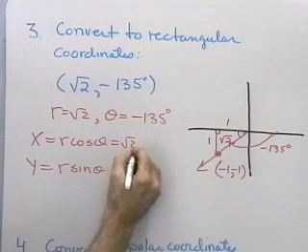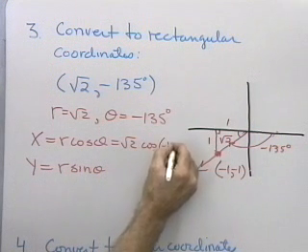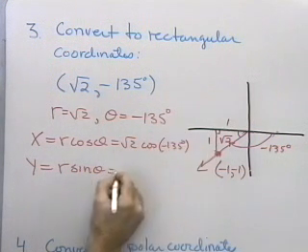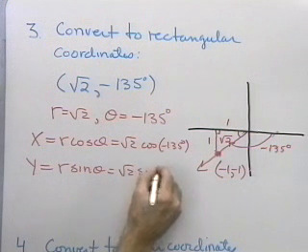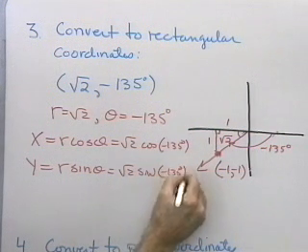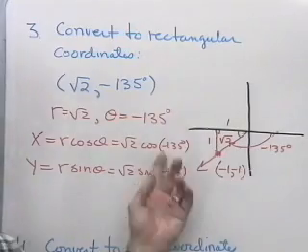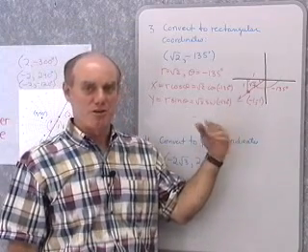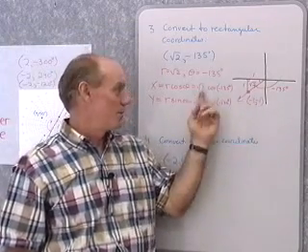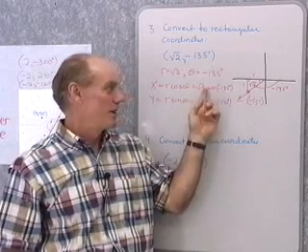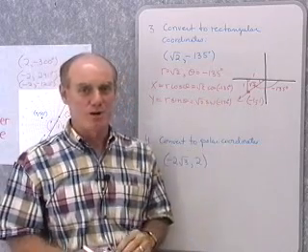So that's square root 2 cosine negative 135, and square root 2 sine negative 135. I think you know that cosine and sine of negative 135 degrees are going to be negative 1 over square root 2. When I multiply by square root 2, I'm going to get negative 1 and negative 1 for my x and y coordinates.